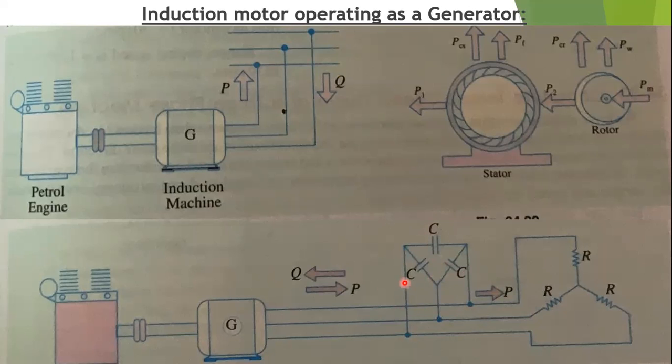If you connect like this, we can give power to a source. Suppose you connect a college here as the load, then from the petrol engine and induction machine, I can give power to the load, our college, by using the group of capacitors here.